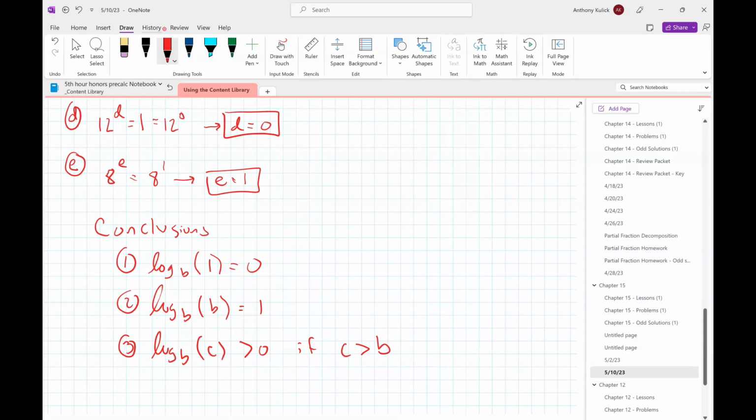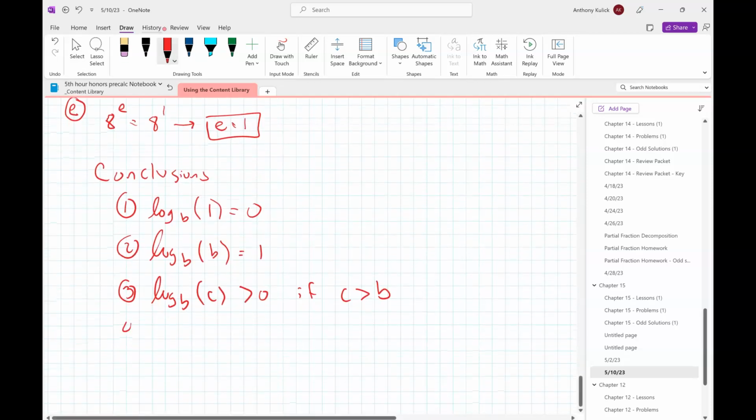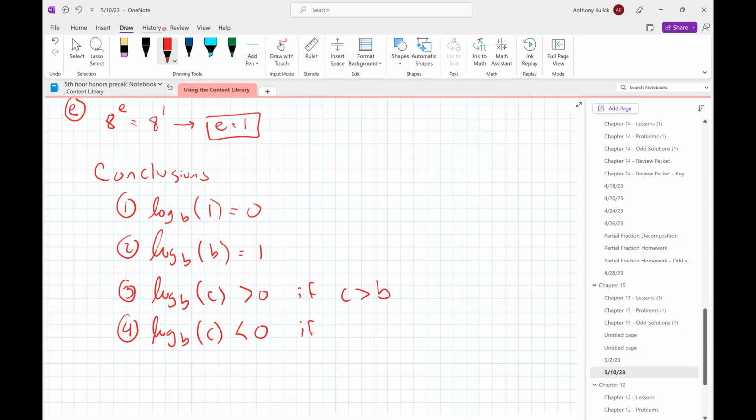Any log is going to be positive if the argument is greater than the base, and is going to be negative if it's less than the base.